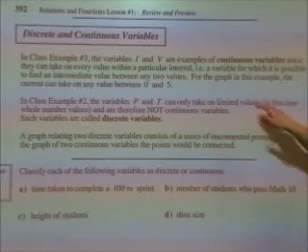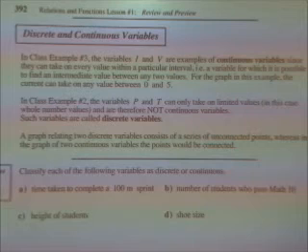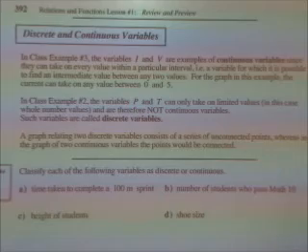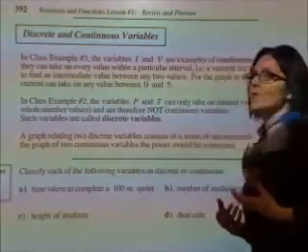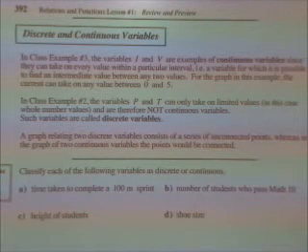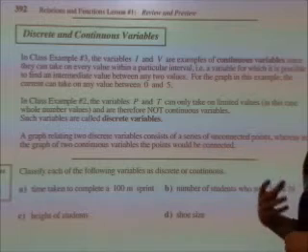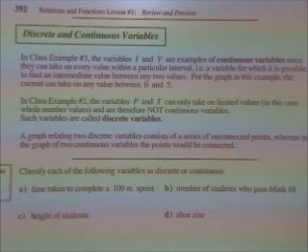In other words, that's what it means: a variable for which it is possible to find an intermediate value between any two values. In the case of our example, the current could be anything from 0 to 5 amps. So it could be 1.2 amps. It could be 3.0001 amps. The only thing limiting me would be the measuring tools that I have.